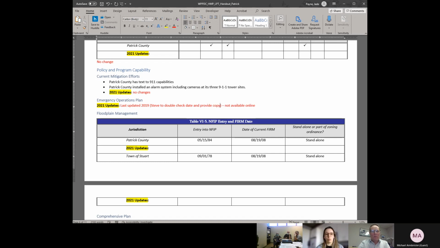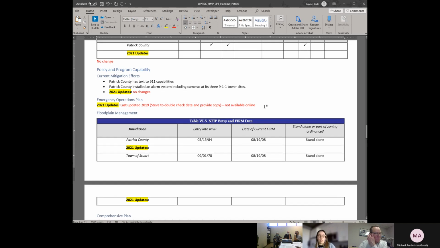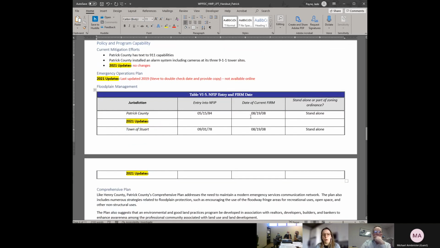Some of the other nearby counties said that they were beginning the process of updating the flood maps. Are you aware that this may be going on in Patrick County, or have you not heard anything?